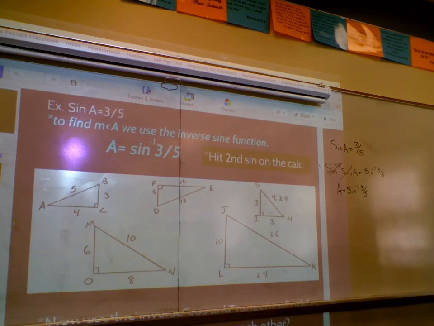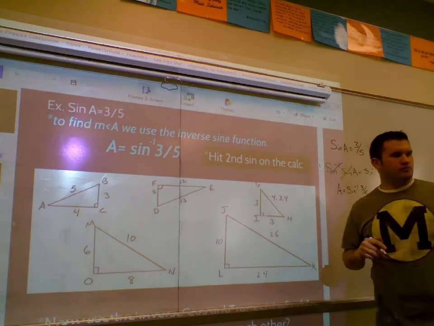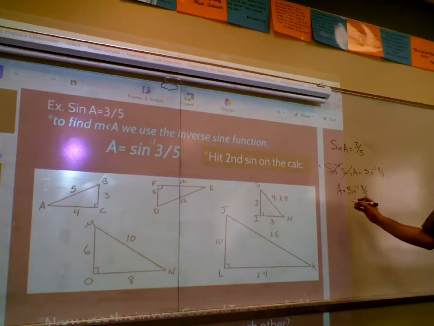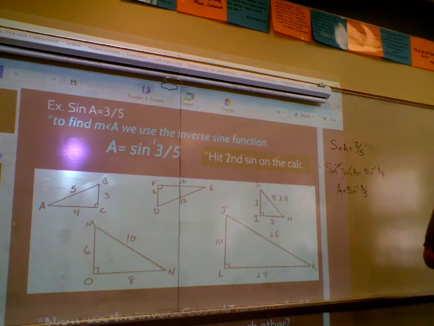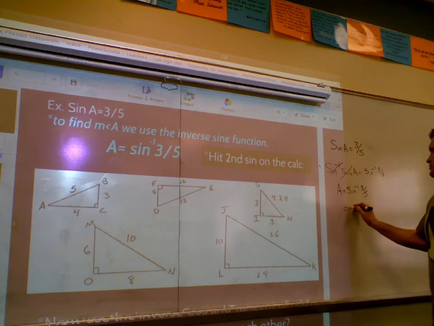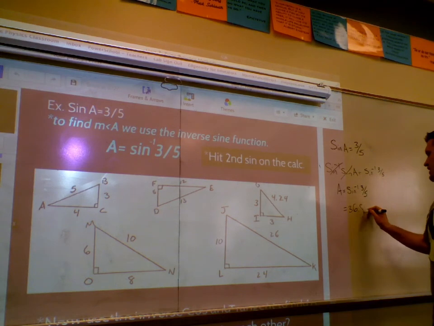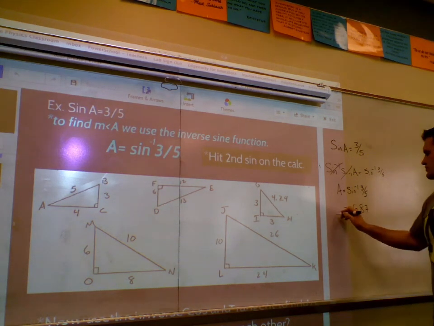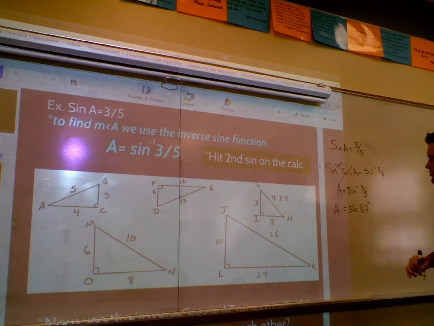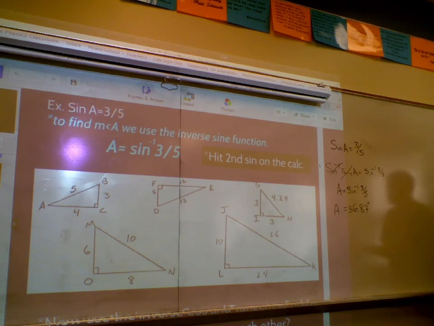Okay, second sine, and it'll give you the inverse sine. So, what's the inverse sine of 3/5? 36.87, right? Does that make sense? Are there any questions?